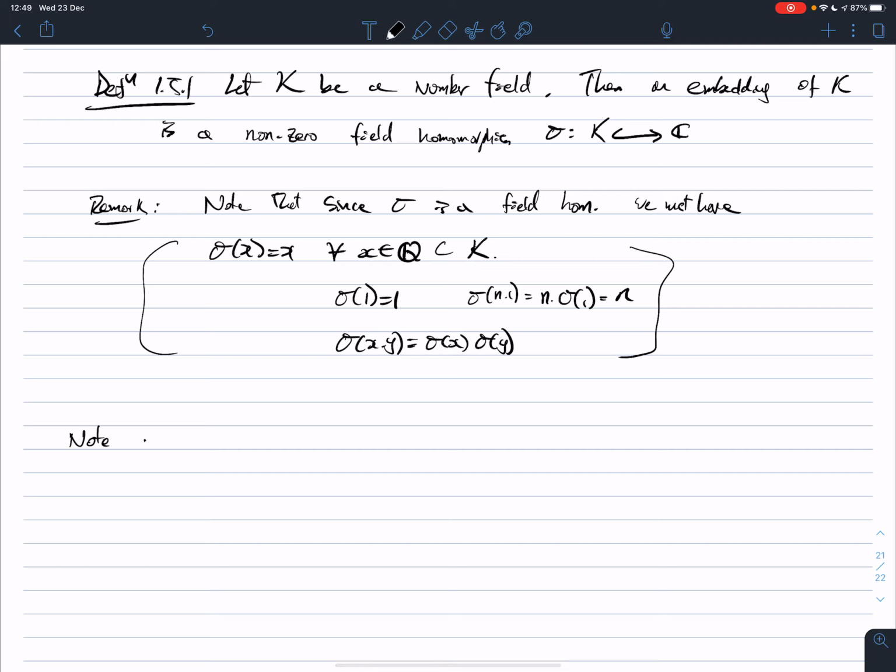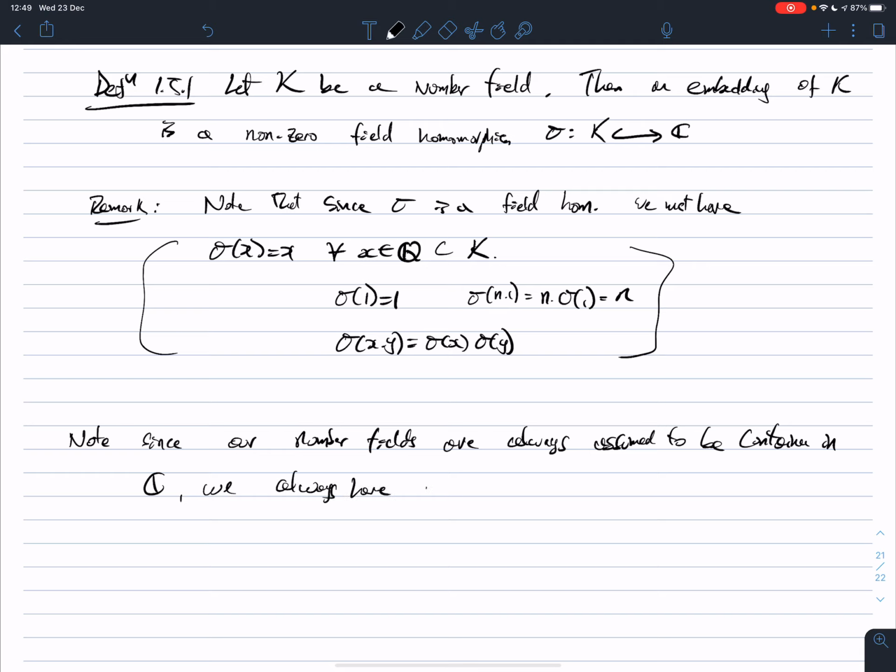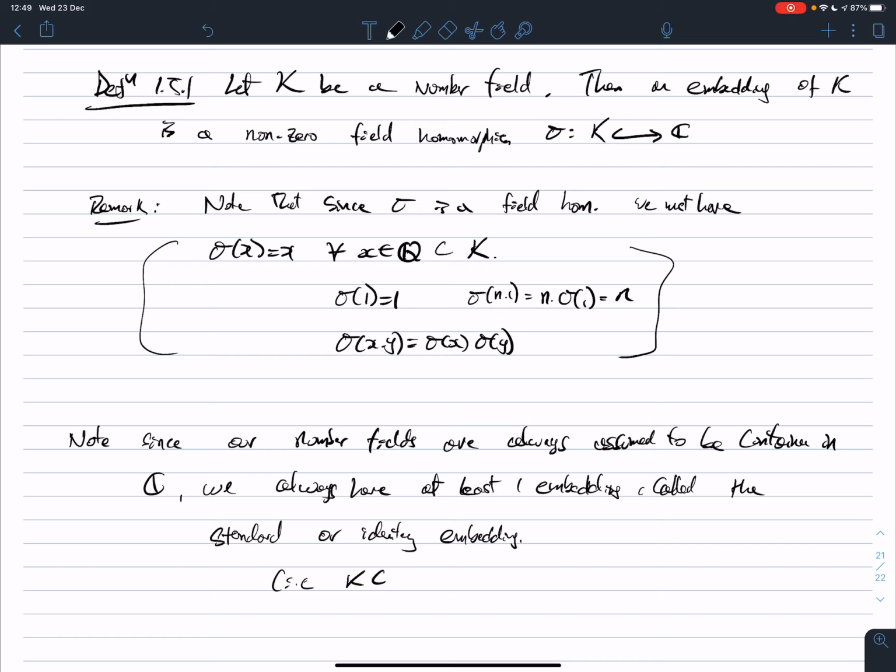So note, since our number fields are always assumed to be contained in C, we always have at least one embedding called the standard embedding, or identity. That is, we're always assuming that K lives as some subfield of the complex numbers.